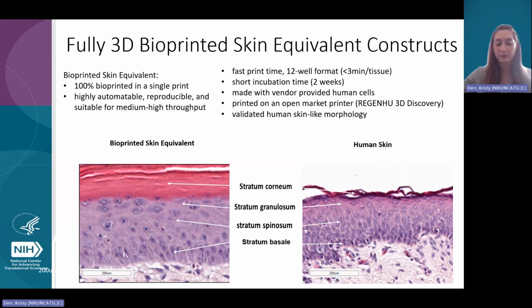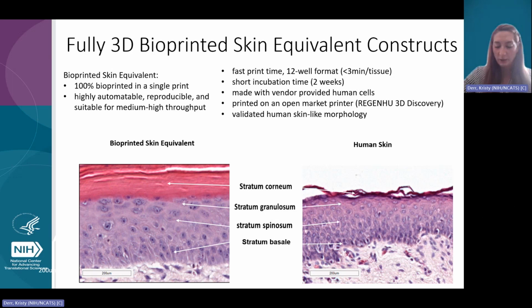Okay, so this was a very exciting protocol because it was the first 100% bioprinted full thickness skin in a single print. This was highly automatable, reproducible, and suitable for medium to high throughput.